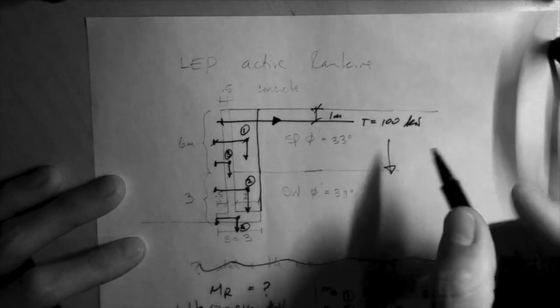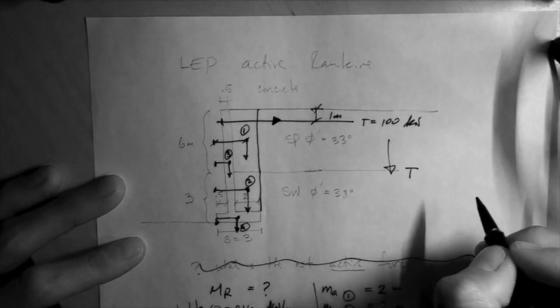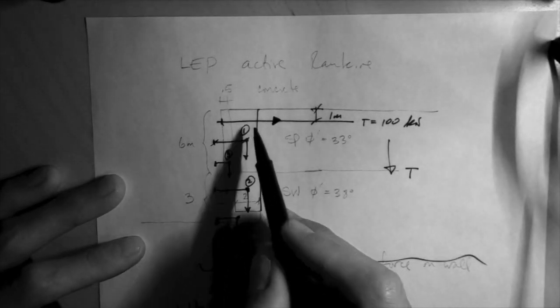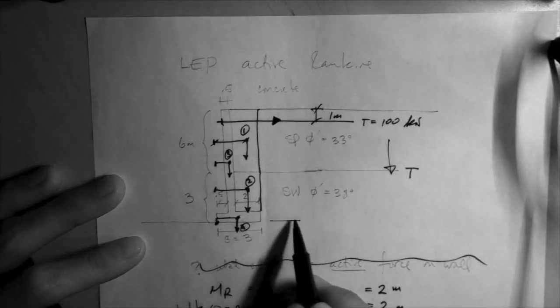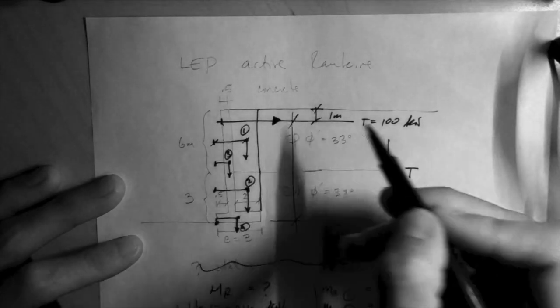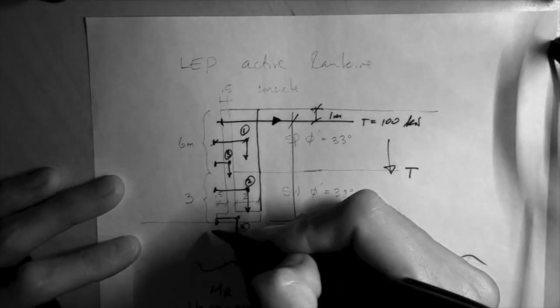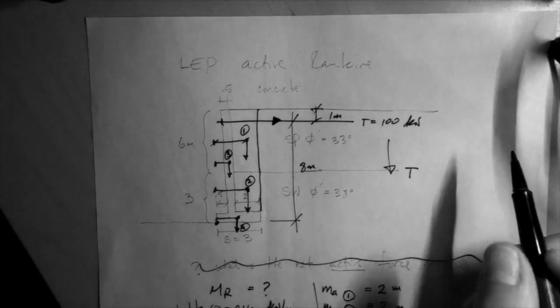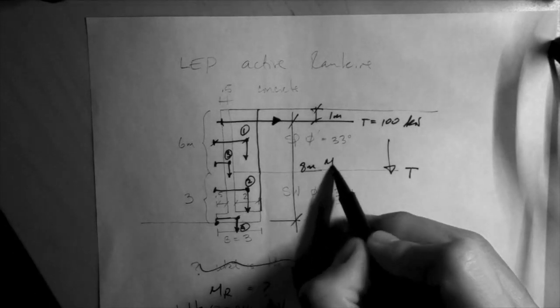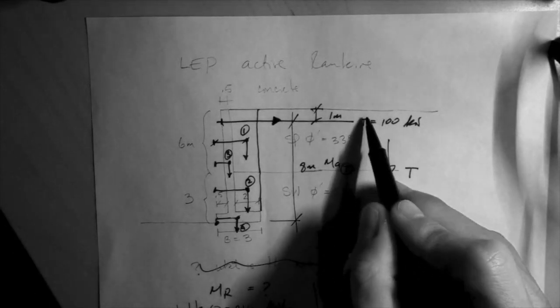Well, let's look at the force. The force is T, right? And the moment arm, here's the point, the moment arm is that, which would be 9 meters minus 1 meter, that's 8 meters. So you have 8 meters as the moment arm for the tieback.